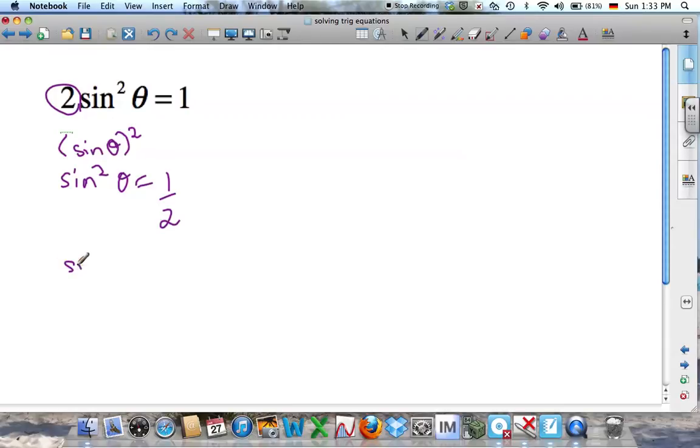When you do this, be careful, because just like when we're solving normal algebraic equations, we take the square root. But when it's squared, remember this is saying something squared gives me a half. And you mustn't forget that negative numbers squared also give you a positive answer. So when we take the square root, I have to have plus or minus there.